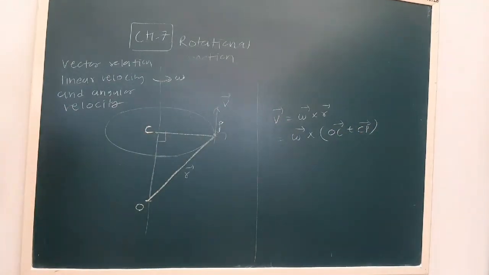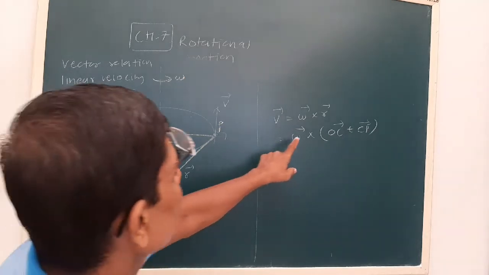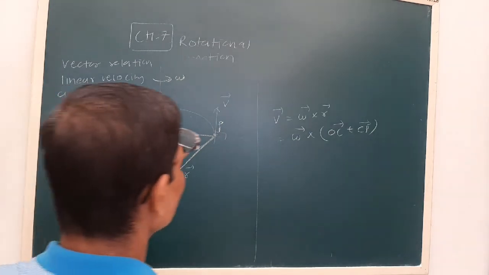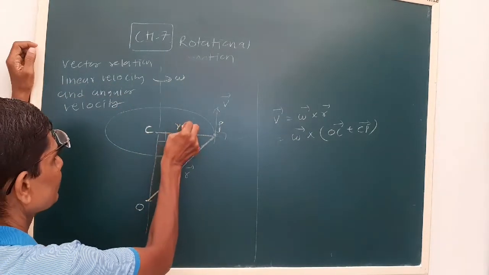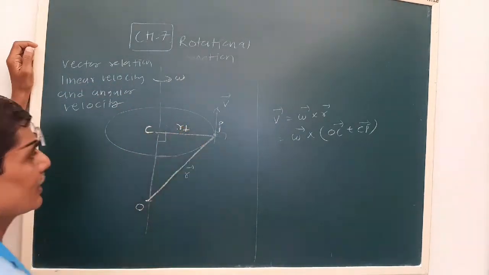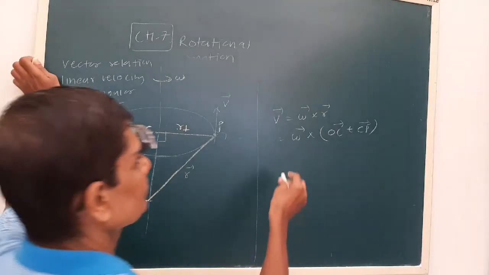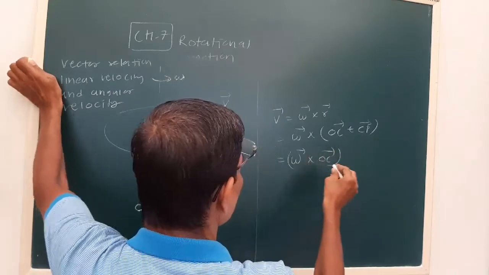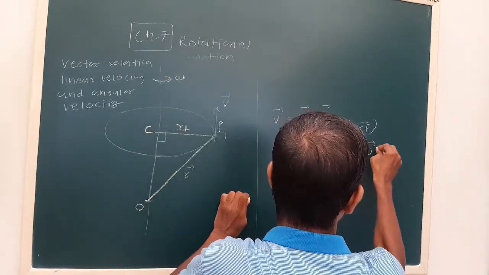Now we have to use the distributive law for the vector product. This distance CP is r perpendicular. First we can write omega cross OC plus omega cross CP.